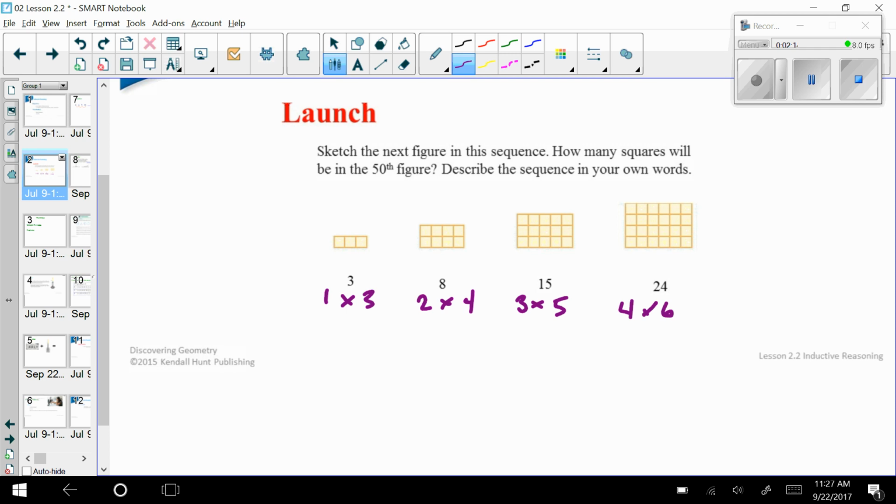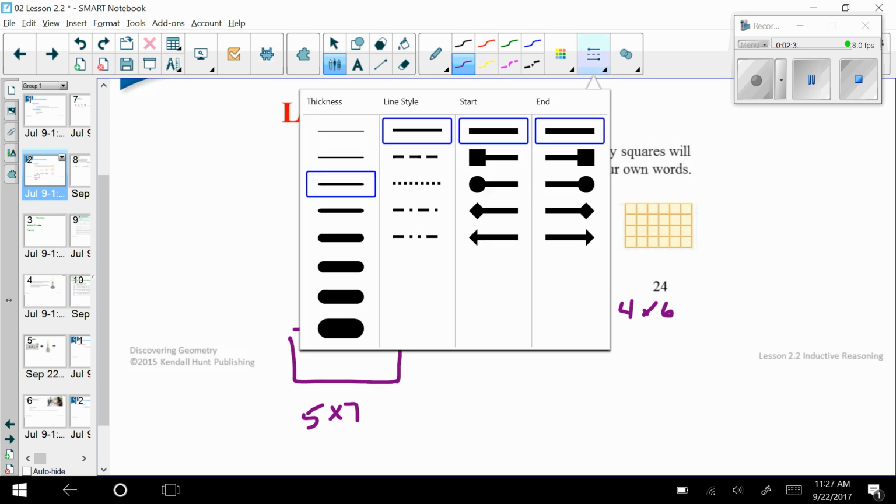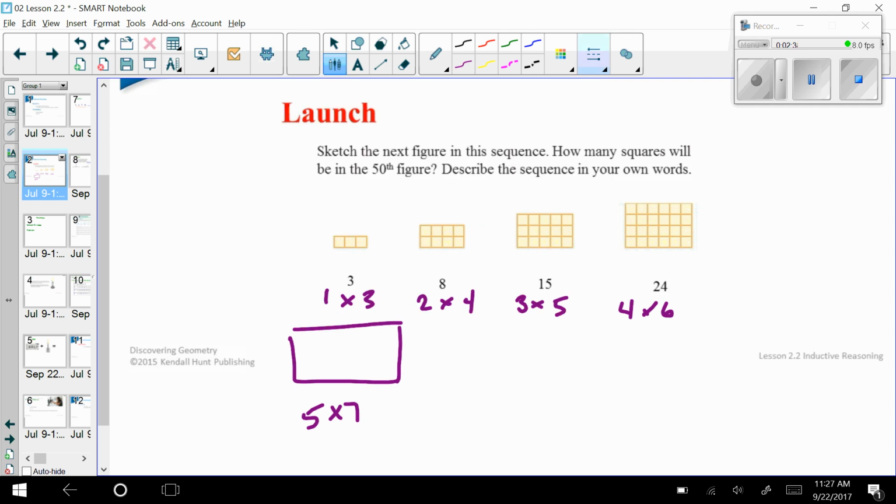So in our 5th one, let's add a row and add a column. So our 5th one is going to be 5 blocks high and 7 blocks wide. So it'll look something like this.